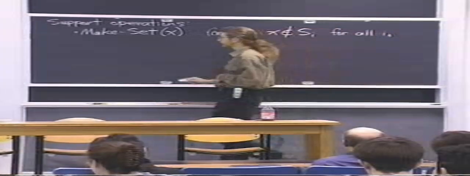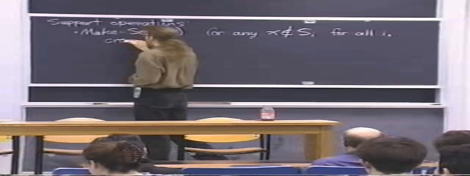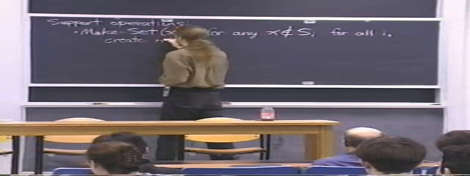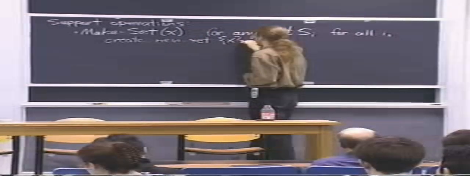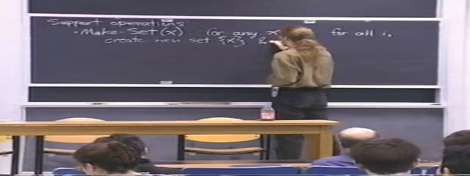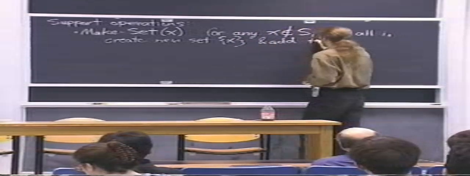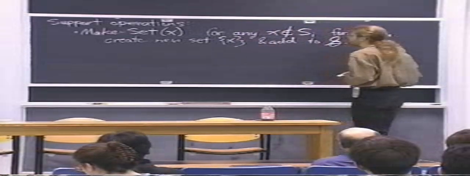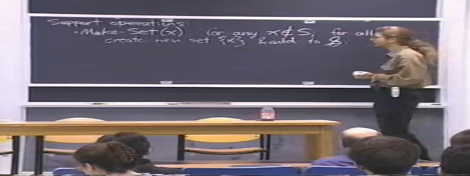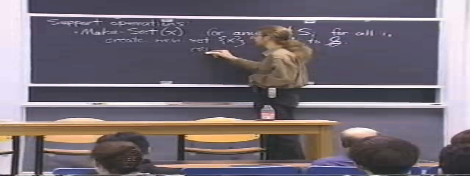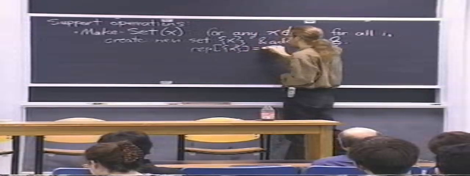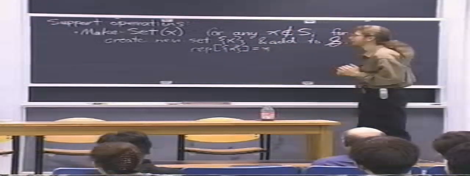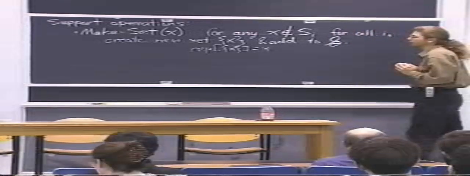So subject to that constraint, I can create a new set, which is the singleton set {x}, and add it to my collection. Okay, so in particular, the representative of that set is the element x, because it has to be one of the elements in the set, and there's only one. Okay, we don't allow the empty set.